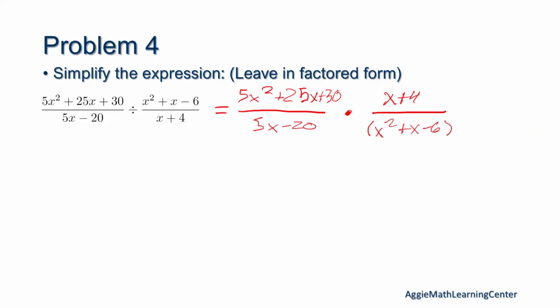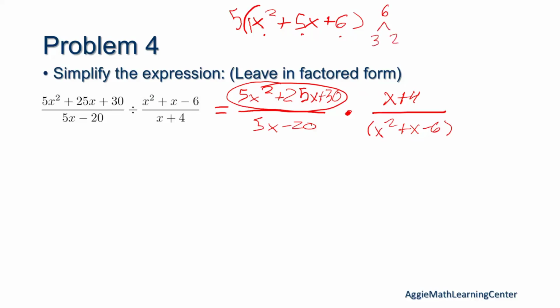Okay, so now from here, I'm going to factor everything to see if anything can cancel. So this top one, I notice I can pull a 5 out of everything, and then we're left with that. Now we want to find something that multiplies to 6 and adds to 5, since the coefficient is 1.